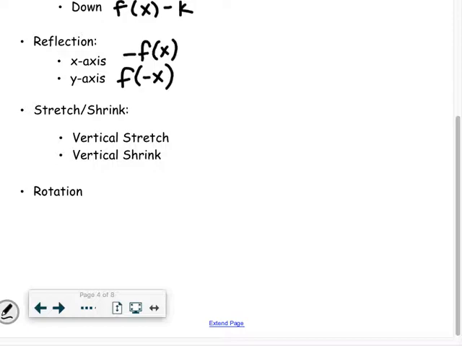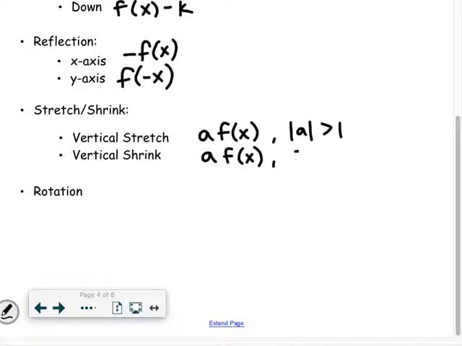So a vertical stretch would be A times f of x when the absolute value of A is greater than 1. And a vertical shrink would be A times f of x when the absolute value of A is between 0 and 1.